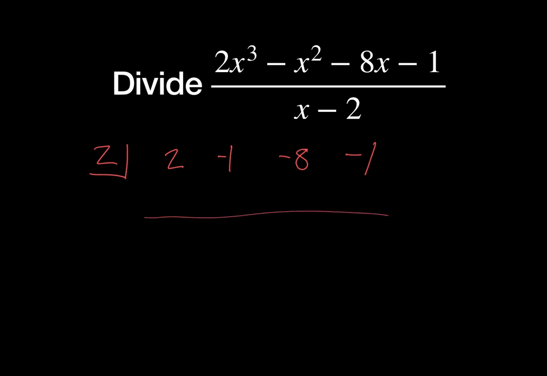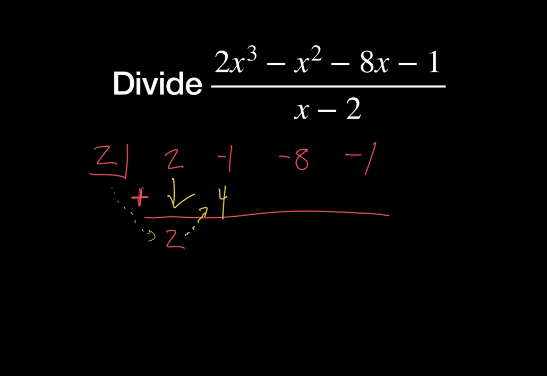Procedurally, the negative 2 comes down, or sorry, the 2 comes down, 2. And then I go 2 times 2, and it goes here. All right, so 2 times 2 to there, and that's 4.